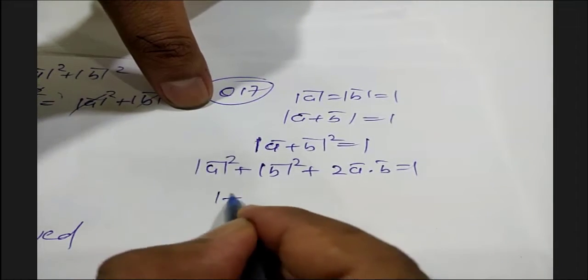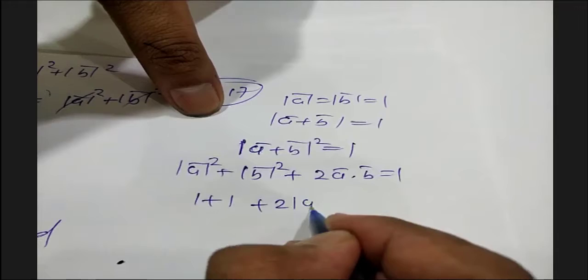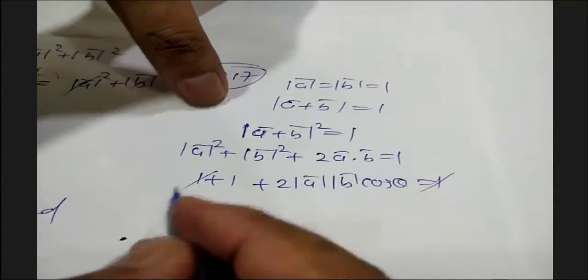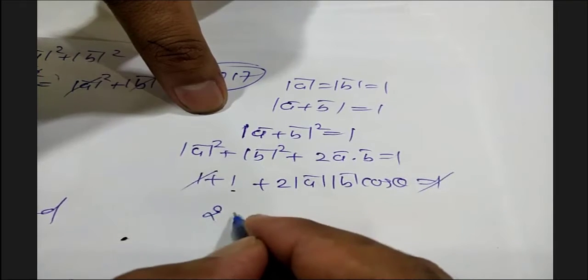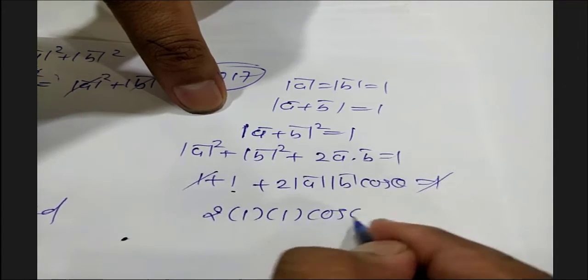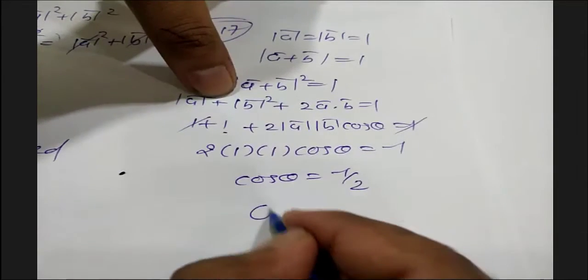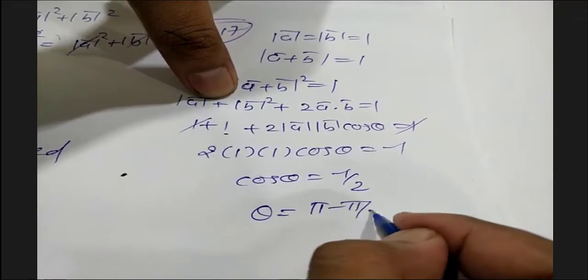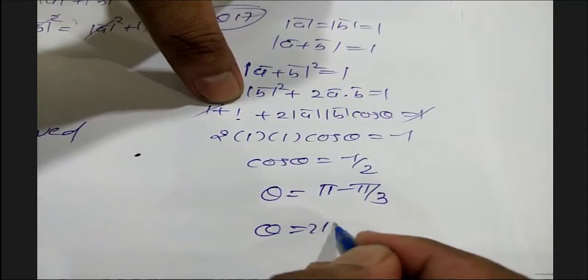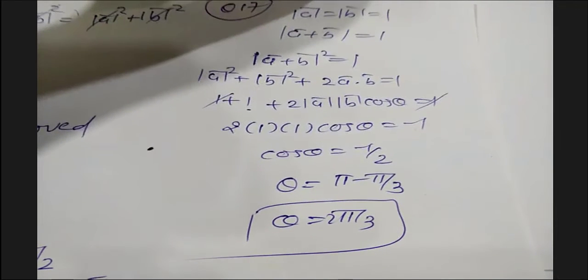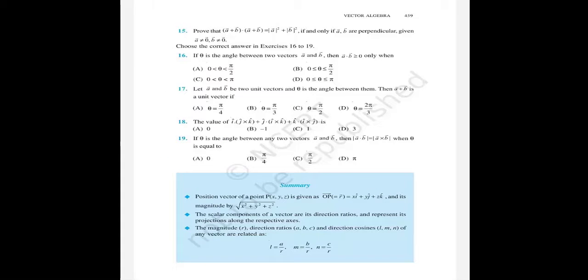Here 1 plus 1 is equal to 2, and 2 times magnitude a, magnitude b, cos theta is equal to 1. Magnitudes are 1, so 2 cos theta is equal to minus 1, cos theta is equal to minus 1 by 2. Second quadrant, so pi minus pi by 3, that is 2 pi by 3 is your answer. Yes, 2 pi by 3 is given, option D.